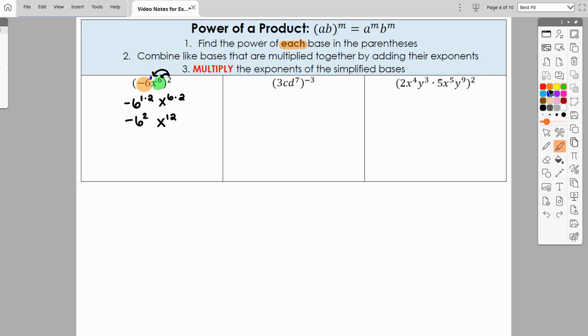Since this base is a number, I can actually do this math here by doing negative 6 times negative 6, which will come out to be a positive 36 in front of my x to the 12th.